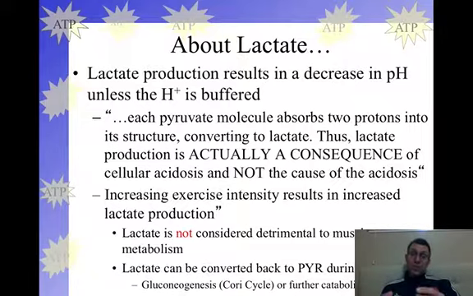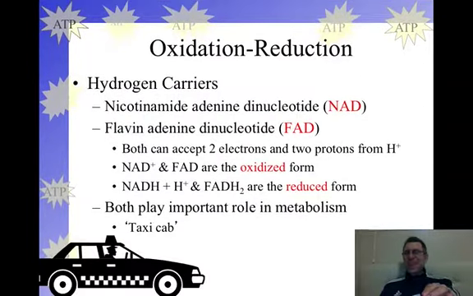Some of the research as to why trained athletes have lower lactates for a given exercise intensity compared to untrained is partially thought to be because they're able to utilize that lactate as a fuel source much more efficiently. So it's basically disappearing, more so than in untrained athletes who don't quite have that same capacity. So lactate has been vilified over the years, but there are other things about lactate that are important. This isn't an exercise physiology class, so I don't want to get on too many tangents.